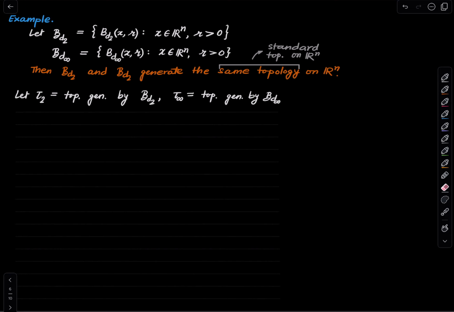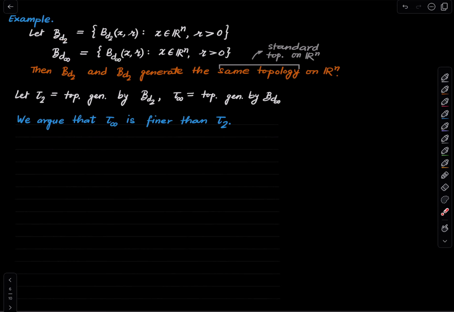Okay, so we want to show that tau 2 is equal to tau infinity. First, I will only show that tau infinity is finer than tau 2. So let us prove that tau infinity is finer than tau 2. And now since we know that both of these things are bases, we can invoke the previous proposition.